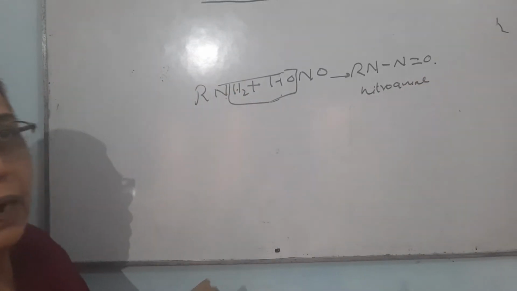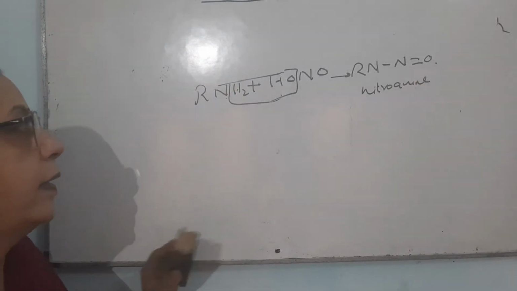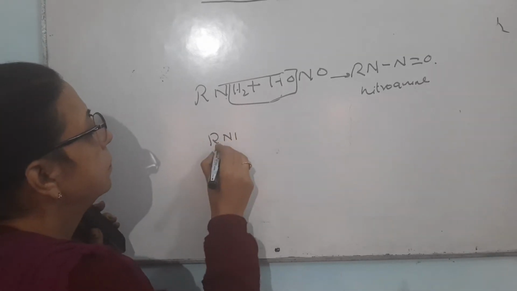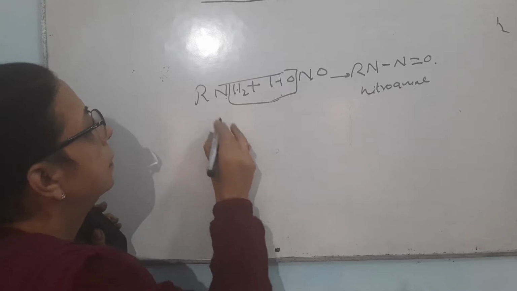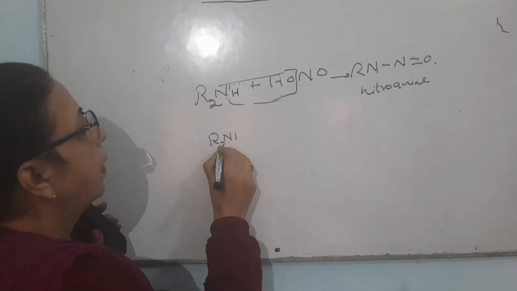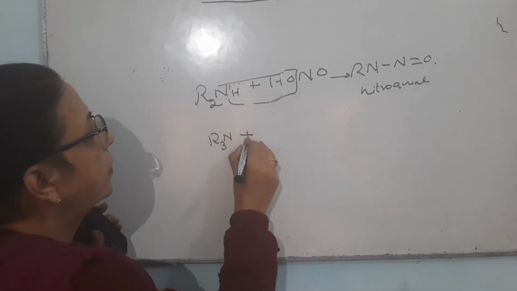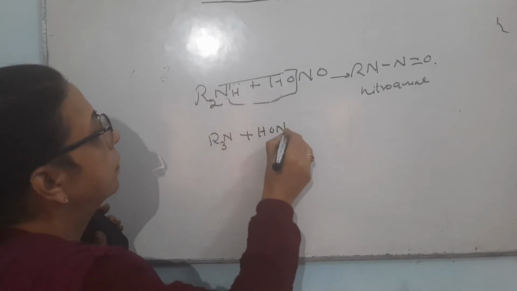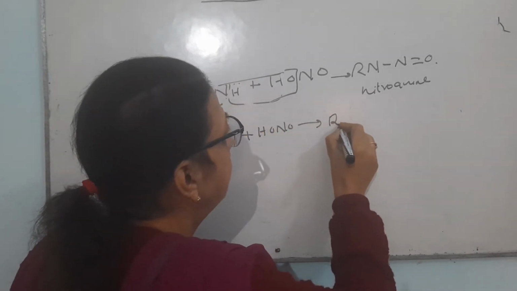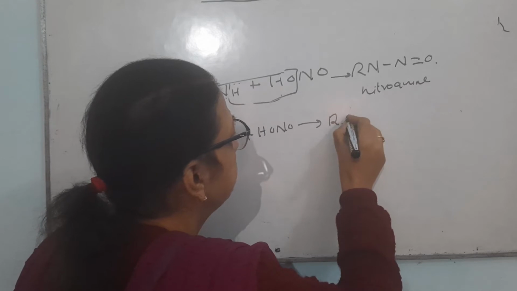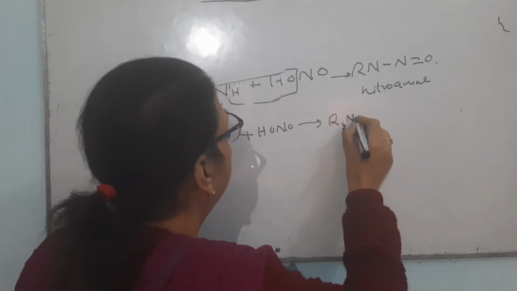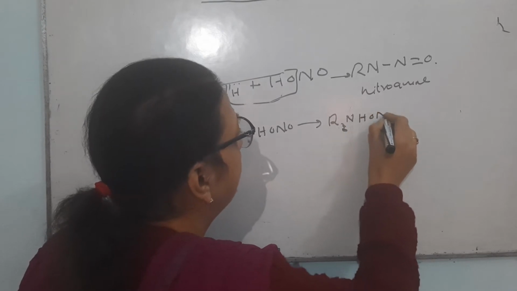Similarly, the tertiary amine will react in a different manner. This was the secondary amine, R2NH. Now R3N, if the reaction is done with HONO, there will be formation of R3N·HONO.